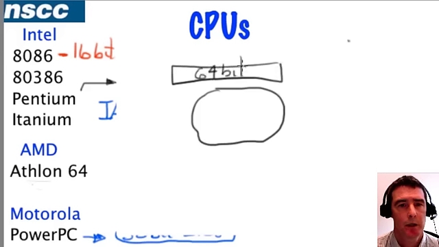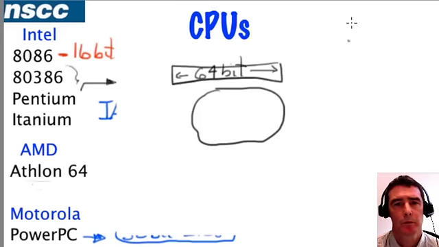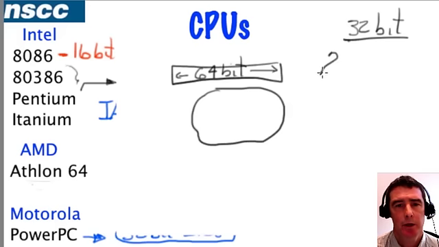The big problem at this time for servers was that if you looked at the 32-bit Pentium system, the registers were 32 bits long, and it could access memory. How much memory?